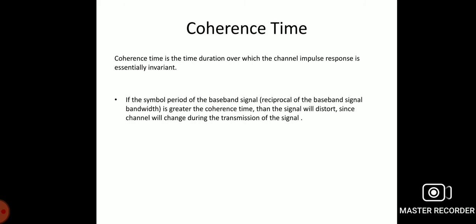This maximum Doppler shift Fm is equal to V divided by lambda, where V is the velocity and lambda is the wavelength. Then the quality of the signal thus depends upon the coherence time factors.